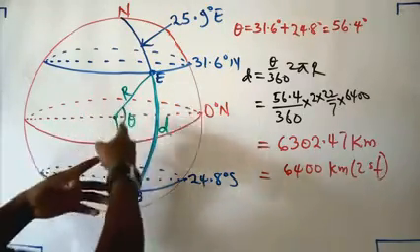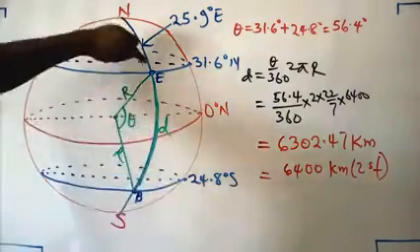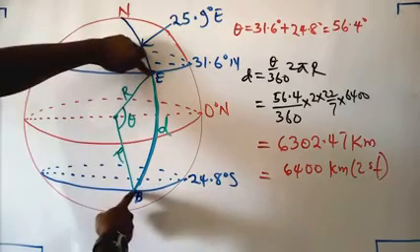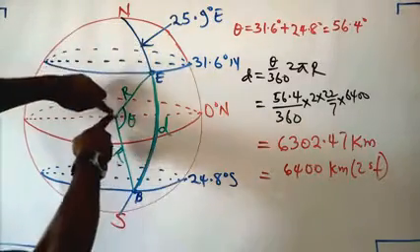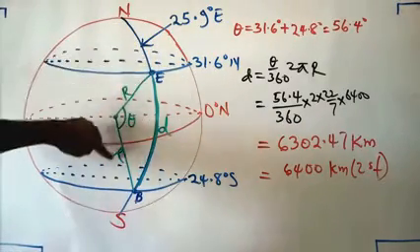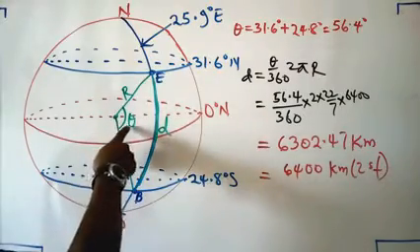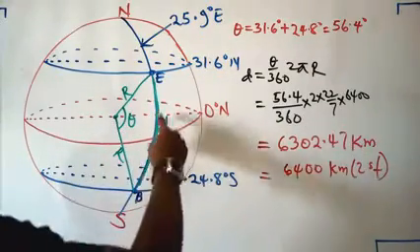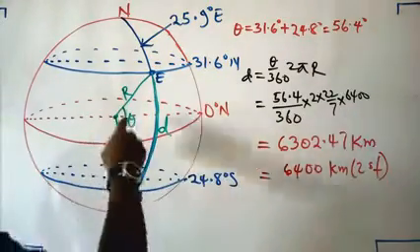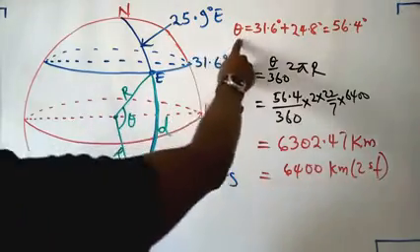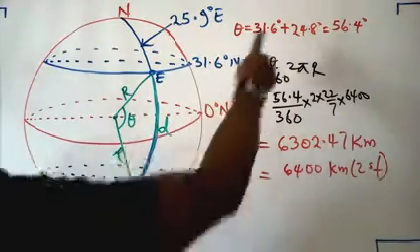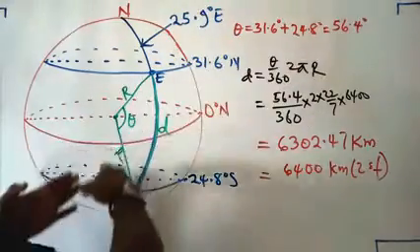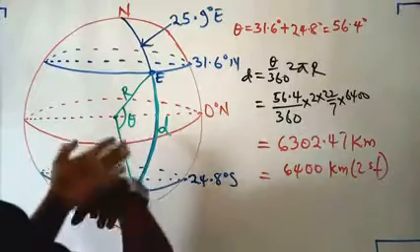We use capital R. We trace the two points where the two towns are to the center of the globe, and that will be capital R and capital R, and the angle between them will be theta, and this is the distance we are looking for. Now, we need to get theta, the angular difference. This time around, we're going to be adding. The other time we subtracted because they were both on the same side, east and east.